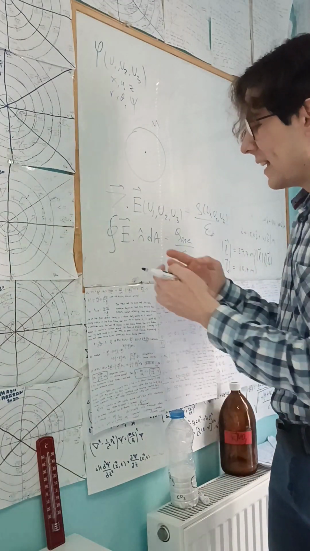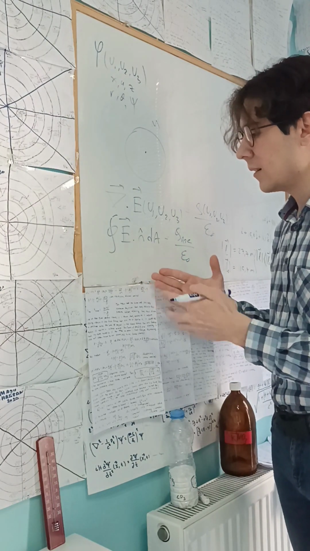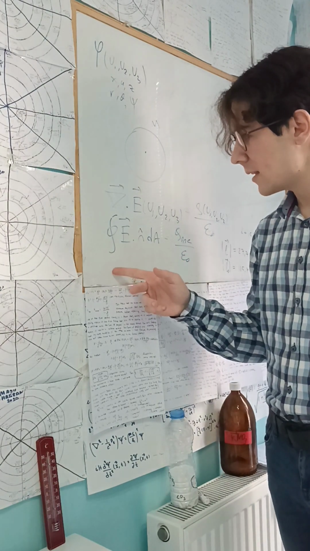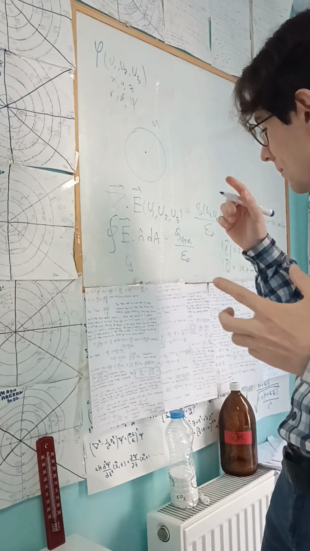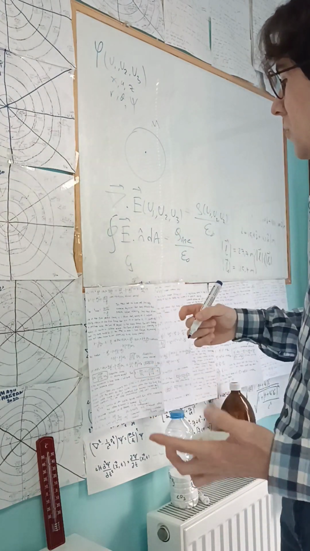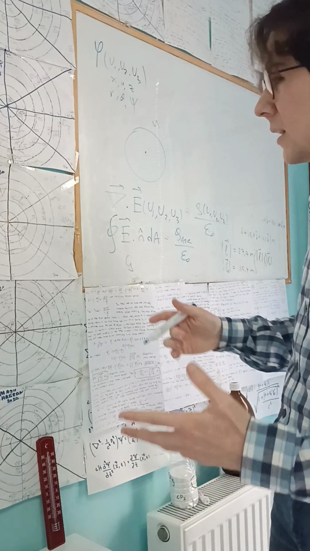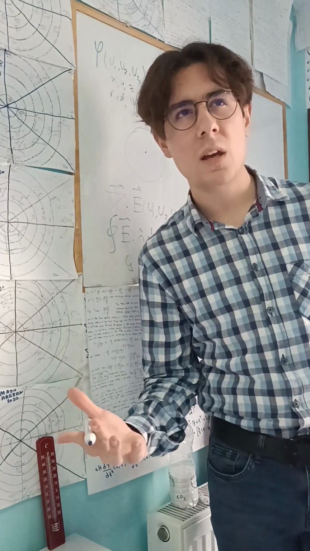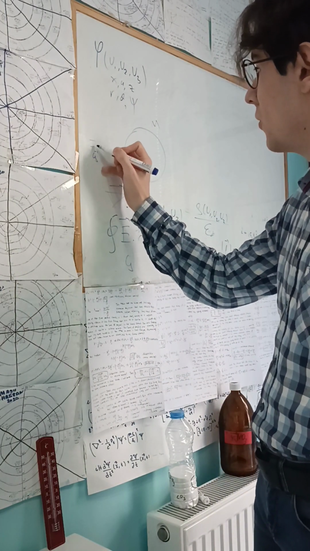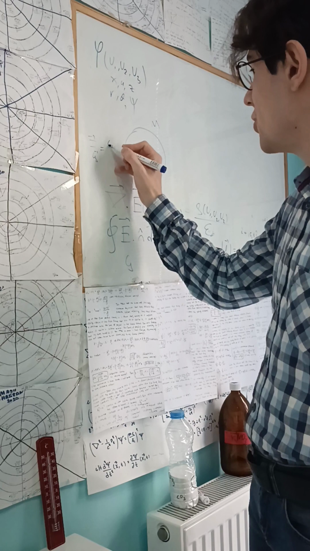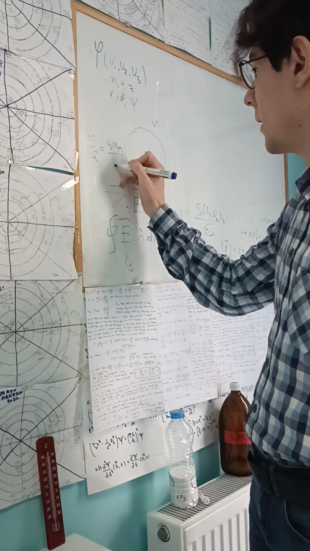So, if we apply this to gravitational forces, then we can write down this one. It must be some force proportional to some constant divided by r squared. Gravitational force equals G m divided by r squared.